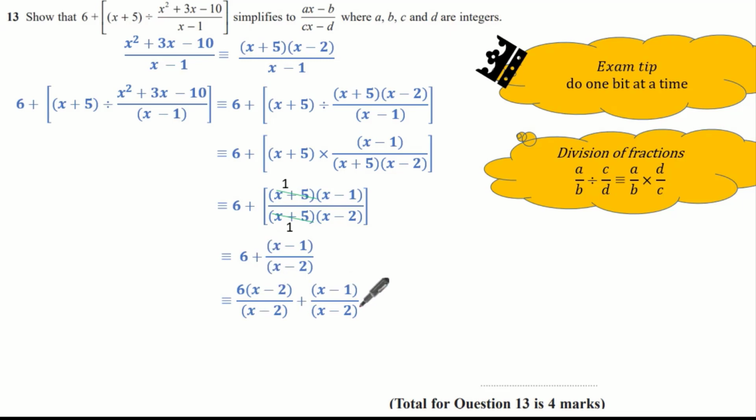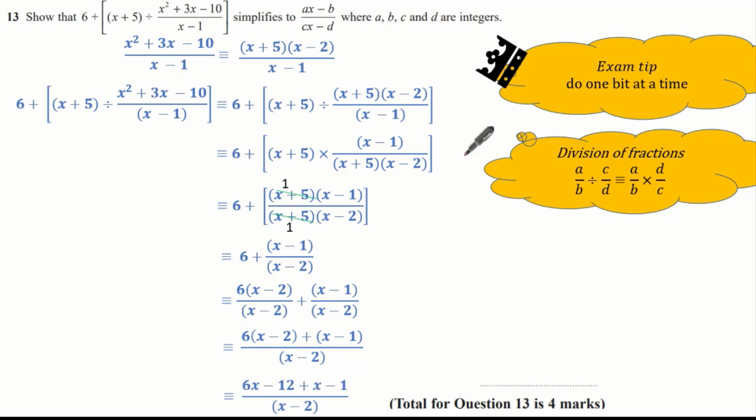Adding our x minus 1 over x minus 2 gives me the sum of these two fractions. Now, because my denominator is the same, I can write it as a single fraction. So 6 bracket x minus 2 add x minus 1. Well, from here, I can simply expand and simplify. Multiplying out, I have 6x minus our 12 add our x minus 1, still over that x minus 2.